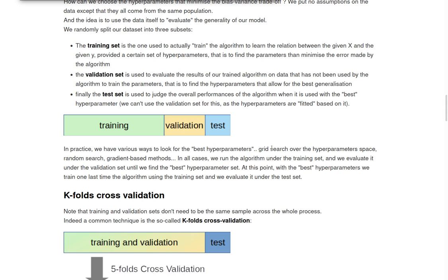We can also search randomly, or use some gradient-based methods for the hyperparameters.